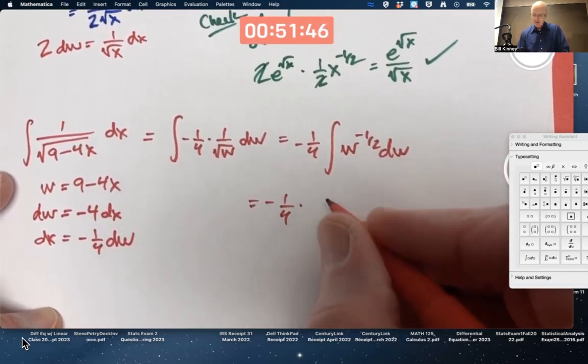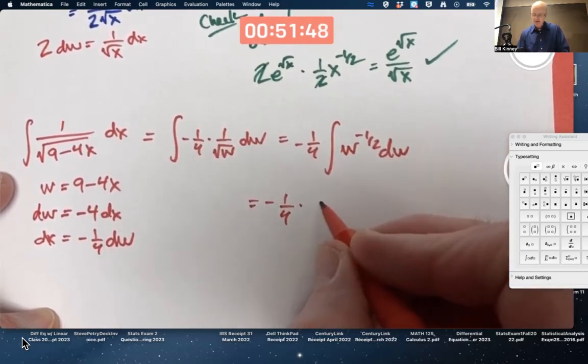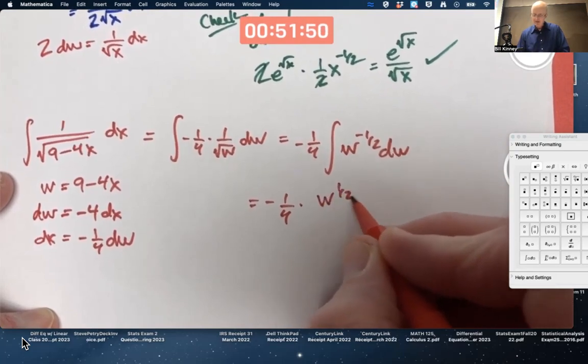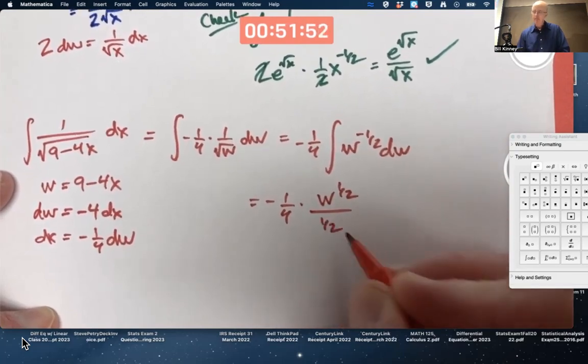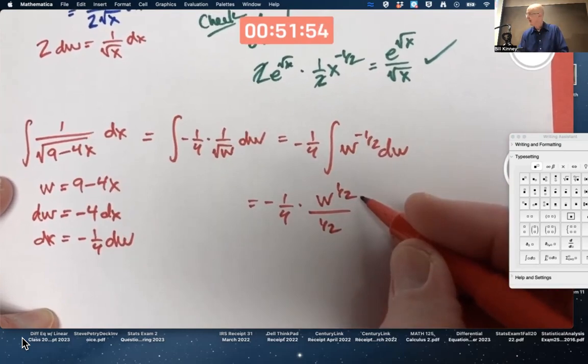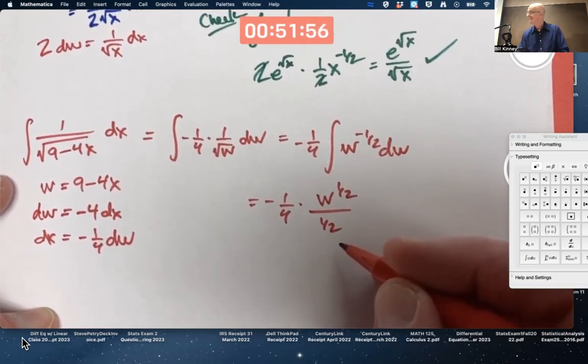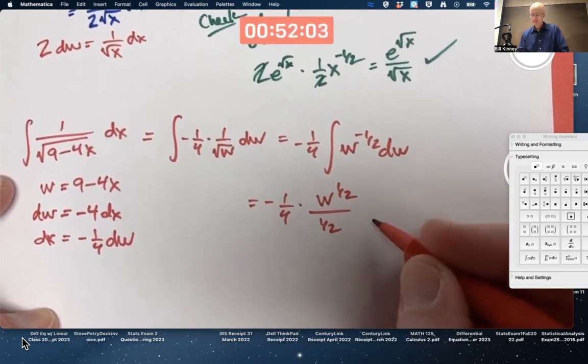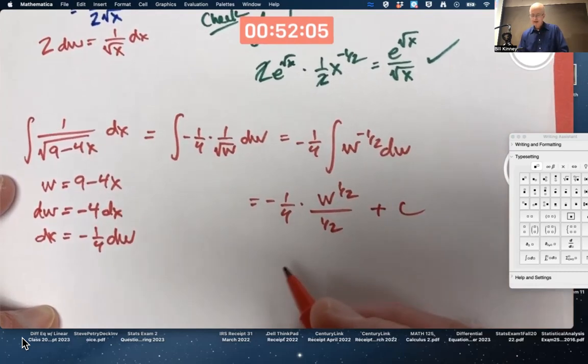Reverse the power rule. Negative 1/2 plus 1 is positive 1/2. Divide by the same number. That's like the n plus 1 and the dividing by n plus 1. N is negative 1/2 here. N plus 1 is positive 1/2. Dividing by 1/2 is the same as multiplying by 2.